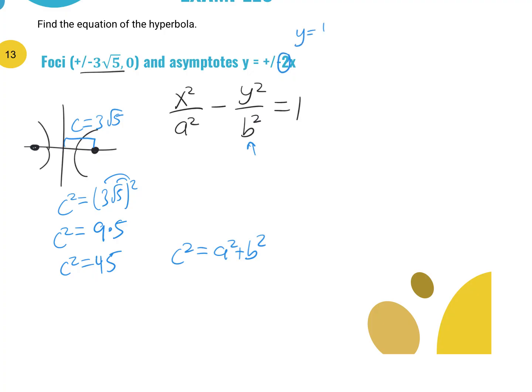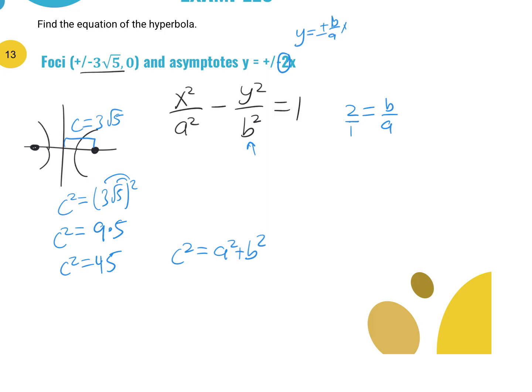Because we're basing this off of the fact that this is a b over a x asymptote. So I have 2 equals b over a, and that would make 2 over 1 equal to b over a. So that means 2 corresponds with b and 1 corresponds with a.